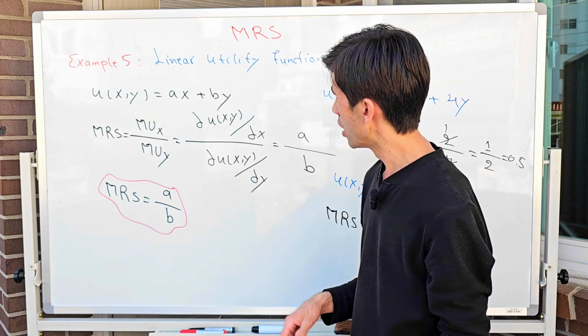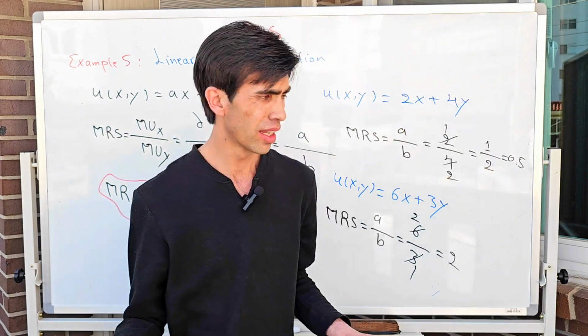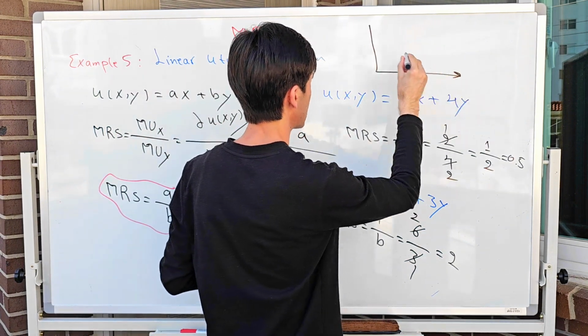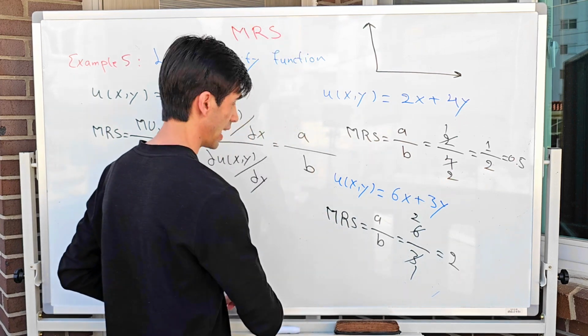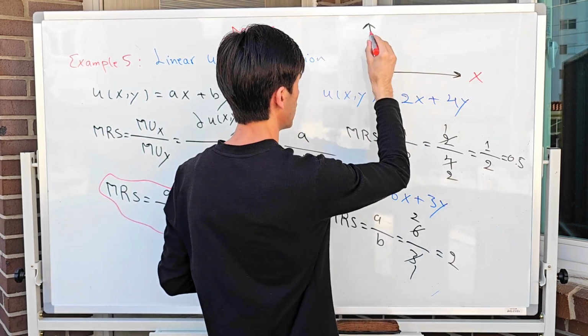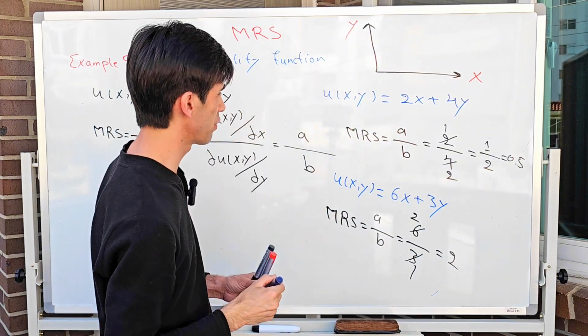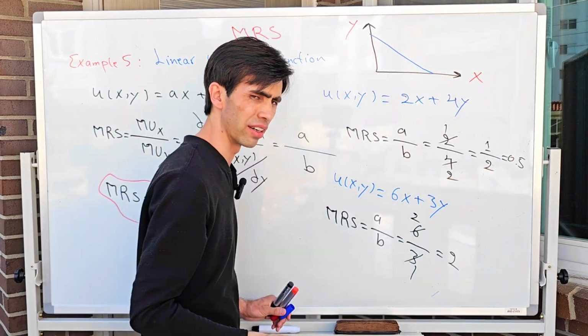Why is that? Because for the linear utility function, we have just a linear indifference curve. So this is x, this is y. This indifference curve for the case of linear utility function is a linear curve.